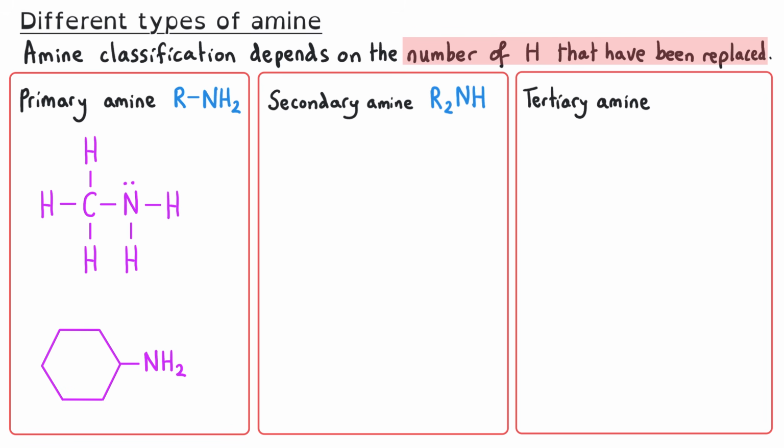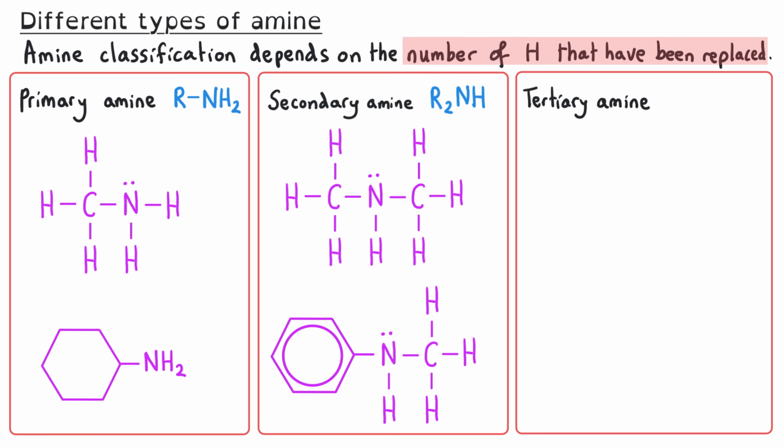A secondary amine has two carbon groups attached to the nitrogen and one hydrogen remaining, and so it will be R2NH. And these two carbon groups could be the same, like here where I've got two methyl groups attached to the nitrogen, or they could be two different groups.